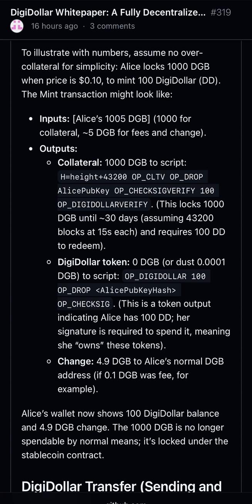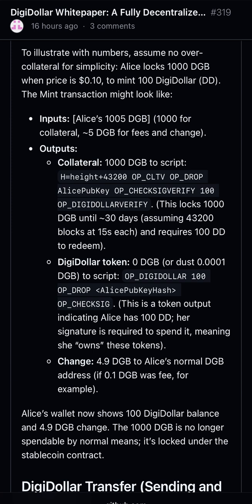Outputs: collateral, 1000 DGB to script: H equals height plus 43,200, OP_CLTV, OP_DROP, Alice pub key, OP_CHECKSIGVERIFY, 100 OP_DigiDollar_VERIFY. This locks 1000 DGB for 30 days, assuming 43,200 blocks at 15 seconds each, and requires 100 DD to redeem.